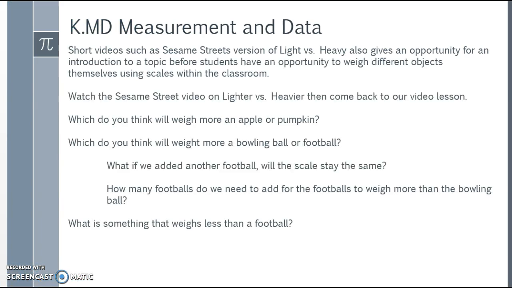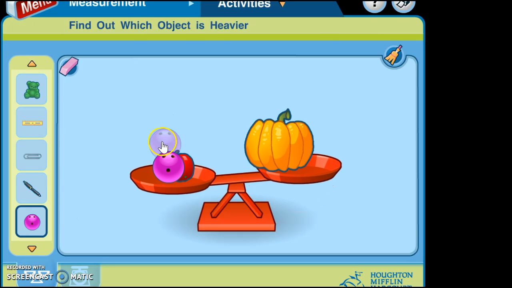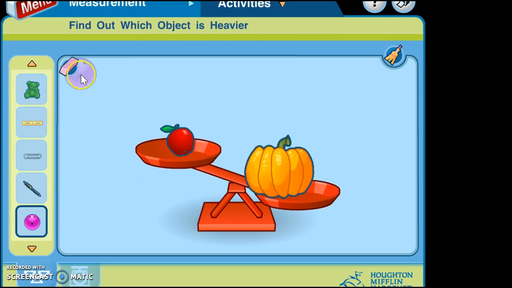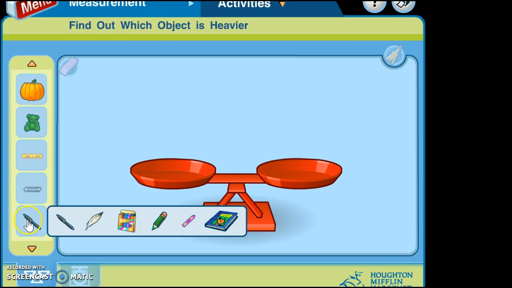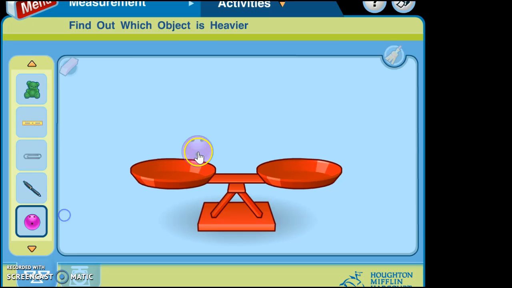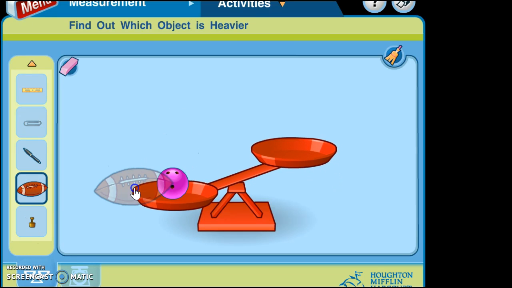Next question, which do you think will weigh more, a bowling ball or a football? So going back to my scale here, let's start over. Okay, so let's do a bowling ball and a football.